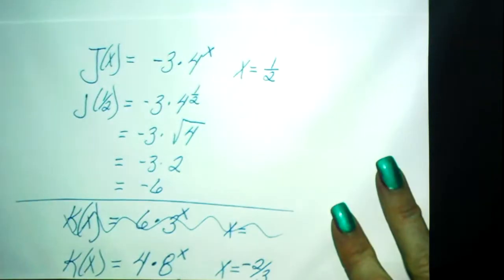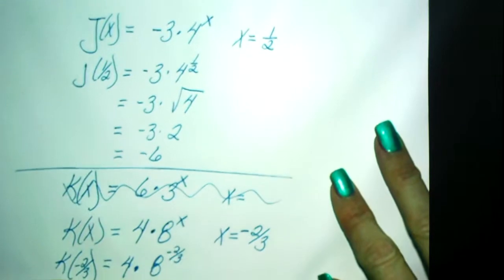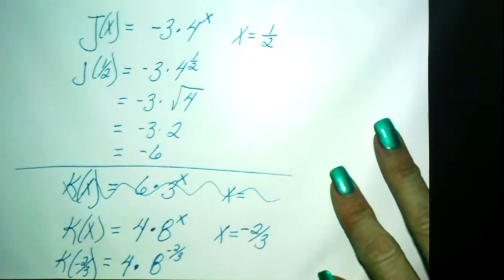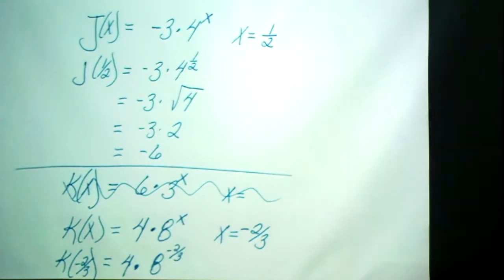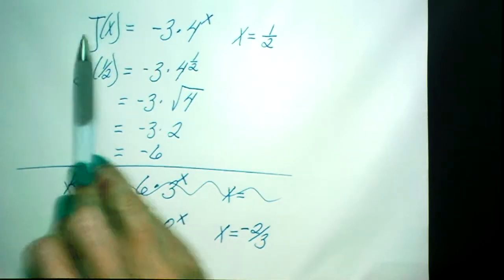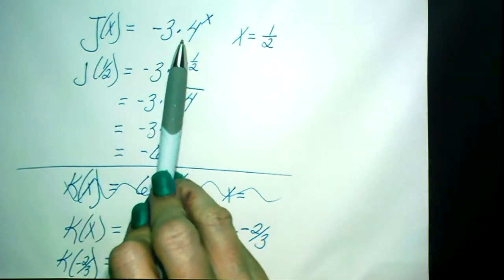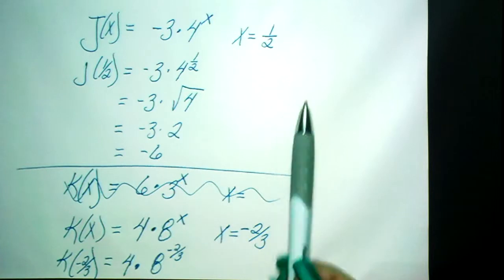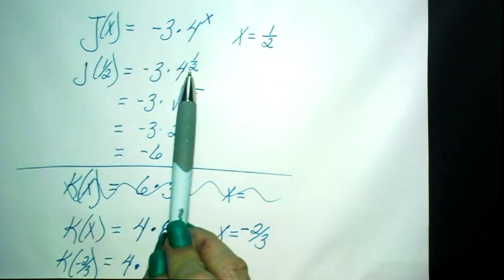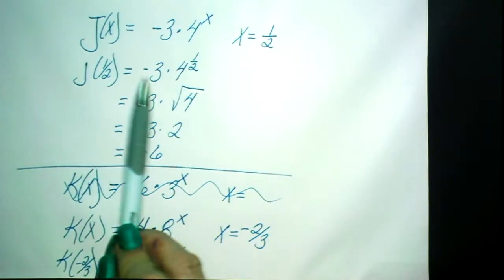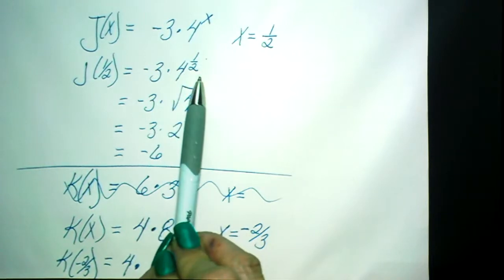Now, let's talk about some more evaluating functions. Let's evaluate the function when our exponent is a fraction. Okay, so we have j of x is negative 3 times 4 to the x. We're going to plug in our 1/2. And so now we'll have negative 3 times 4 to the 1/2 power.